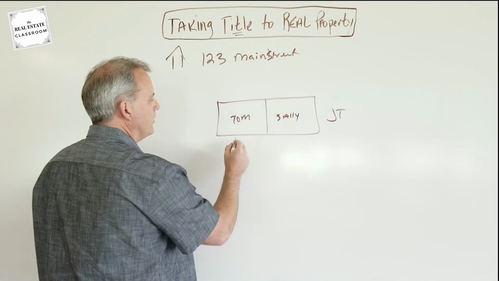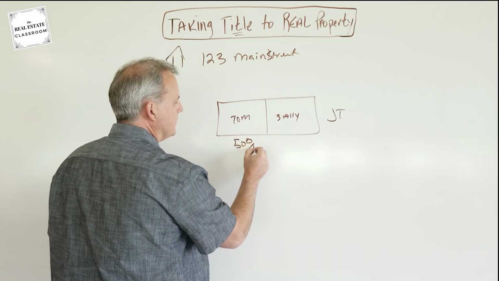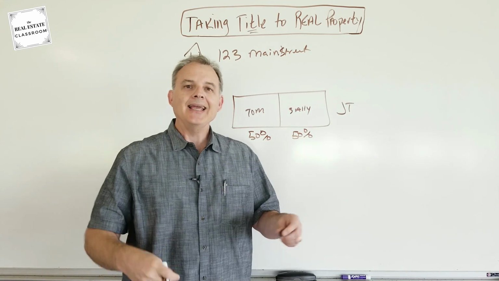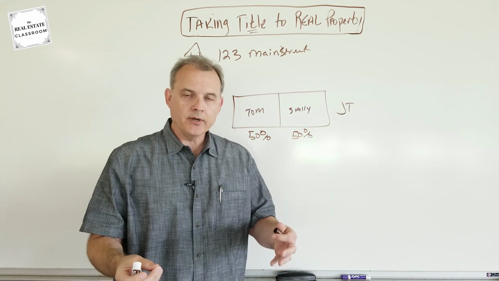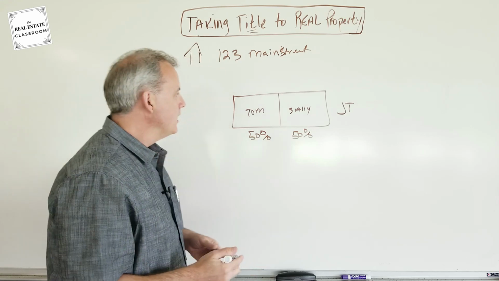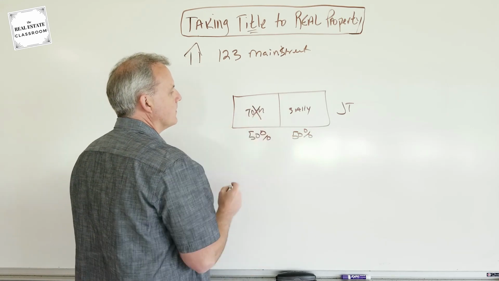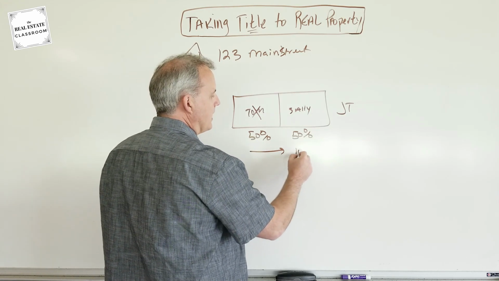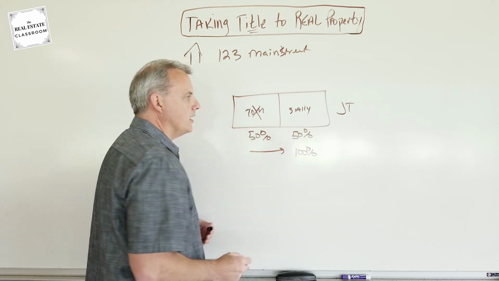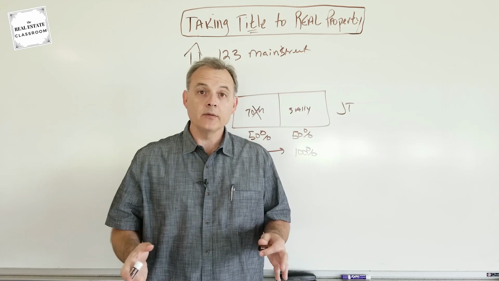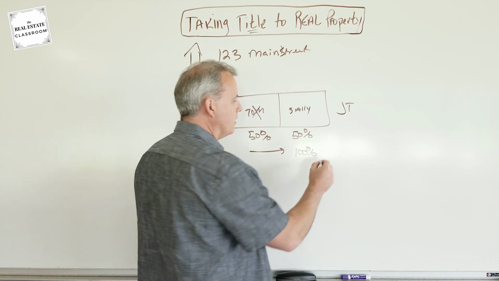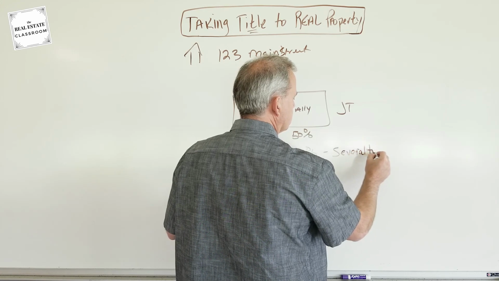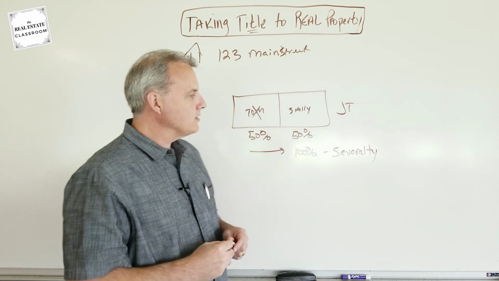All right, so notice that it's 50-50 ownership. Remember, one of the requirements under joint tenancy is equal ownership. There has to be an equal interest. Now, if Tom dies, then Tom's 50% reverts to Sally, who now owns 100% interest. And when we have 100% and it's one person, we call that severalty. All right, so that's the first scenario.